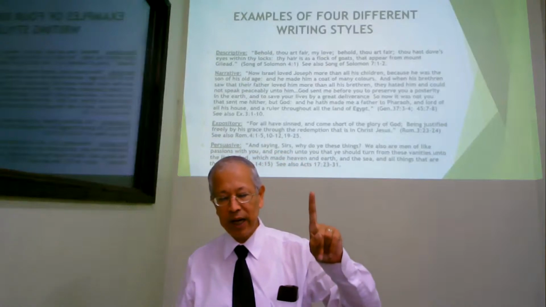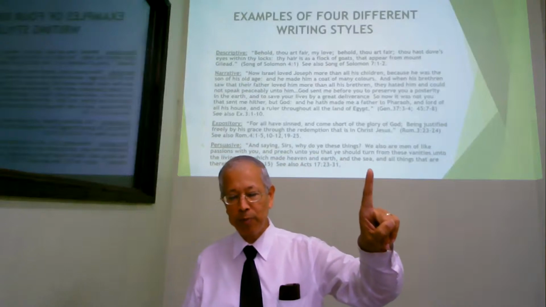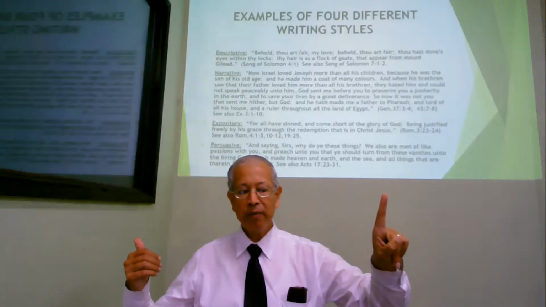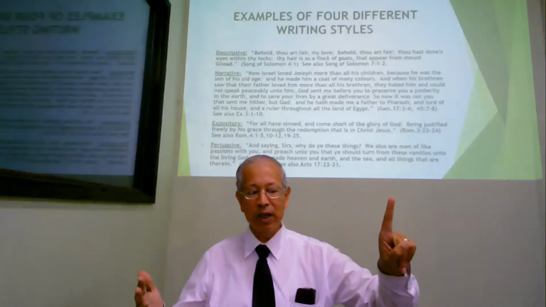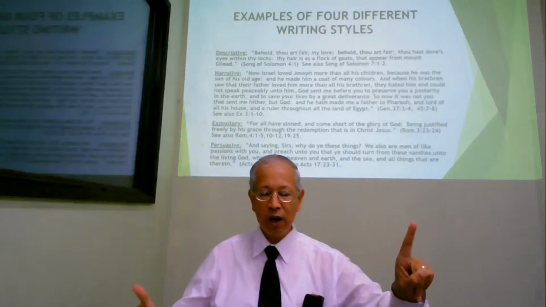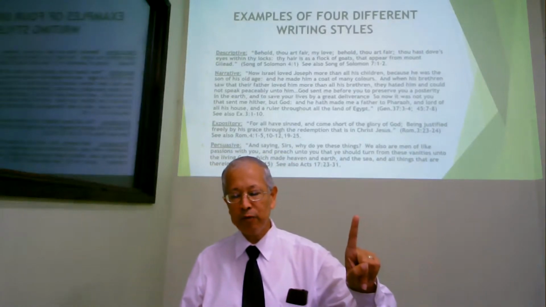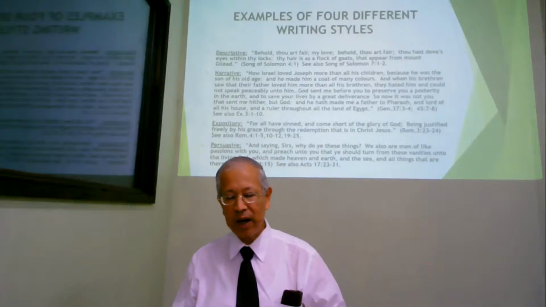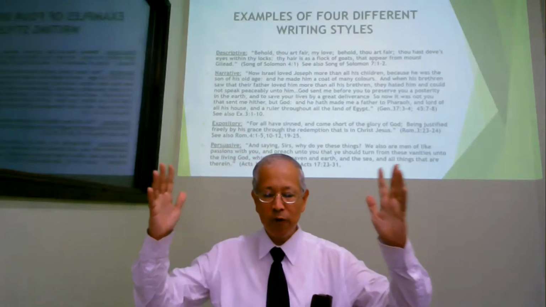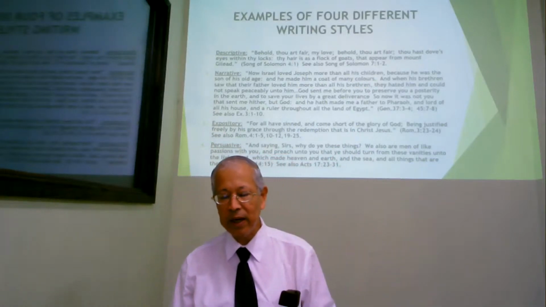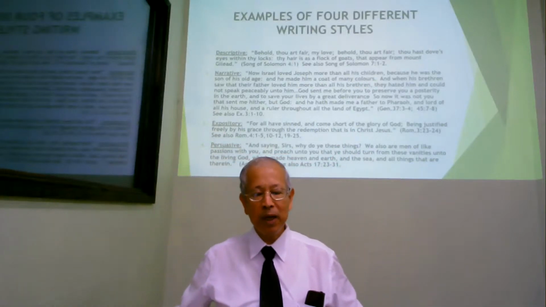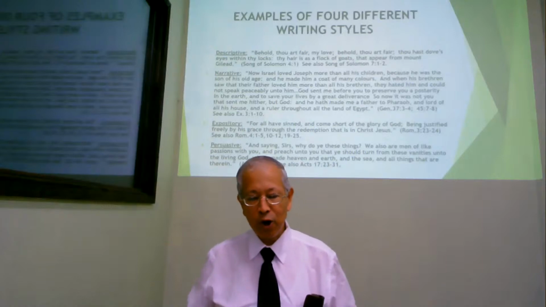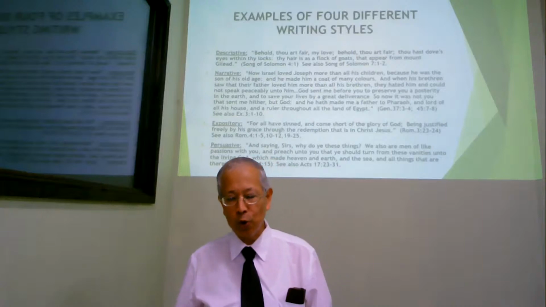So today we have looked at the examples of descriptive writing in the Song of Solomon, which is a love song between Solomon and one of his favorite wives, in which her eyes are compared to dove's eyes, her hair is compared to a flock of goats going down Mount Gilead, her thigh is said to be made by a skillful workman. The joints of her thighs are like jewels.